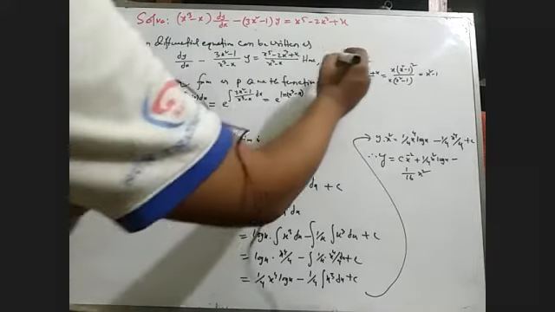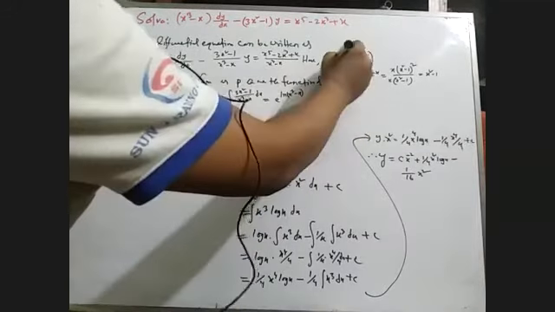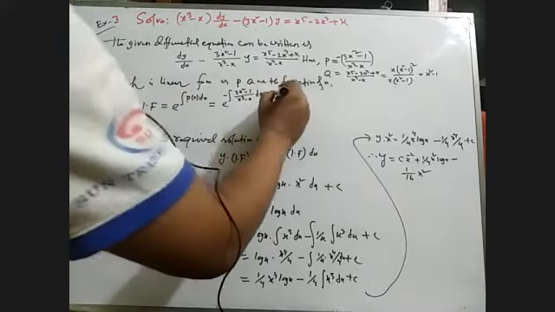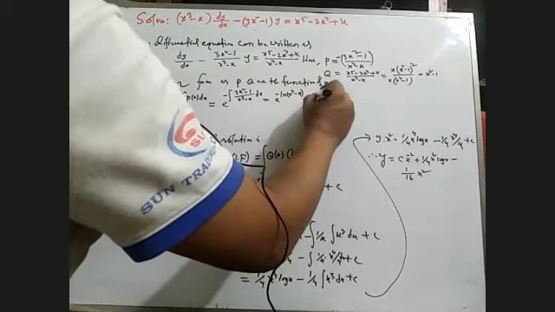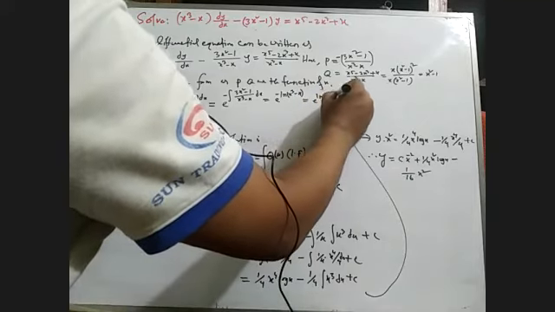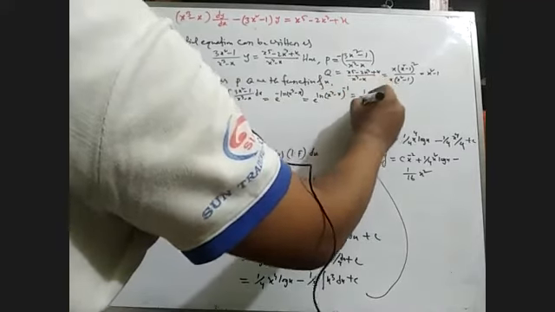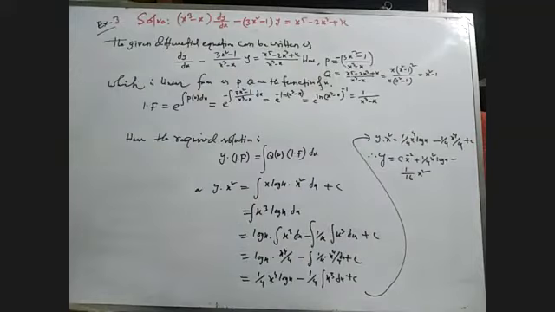But the coefficient has a minus, so we take another minus here: minus ln of this. So this can be written as e to the power ln (x cube minus x) to the power minus 1. That means 1 by (x cube minus x) will be the integrating factor.